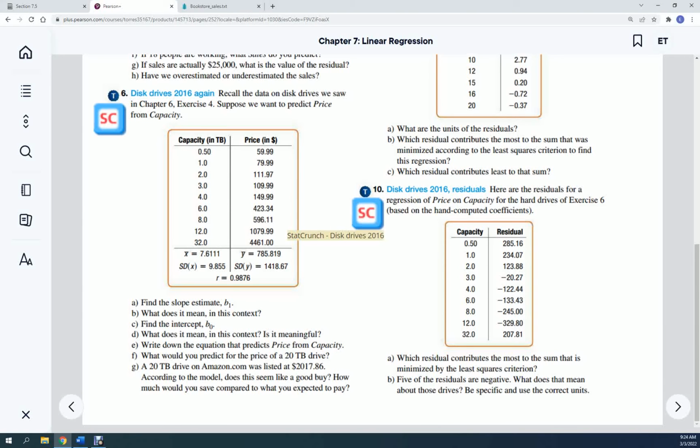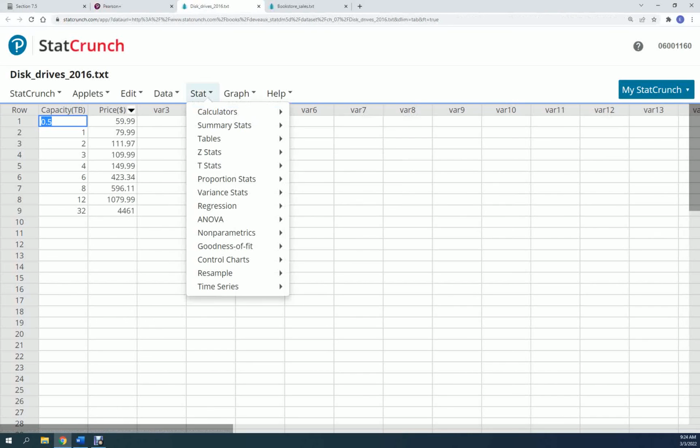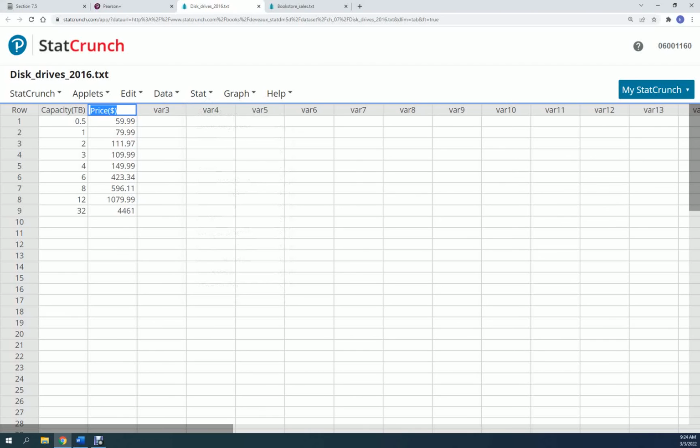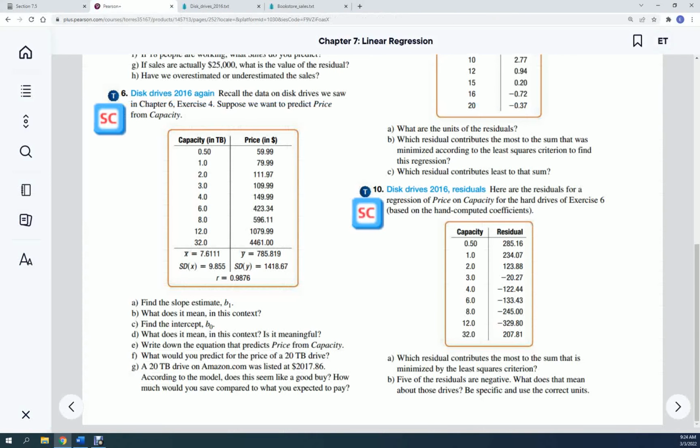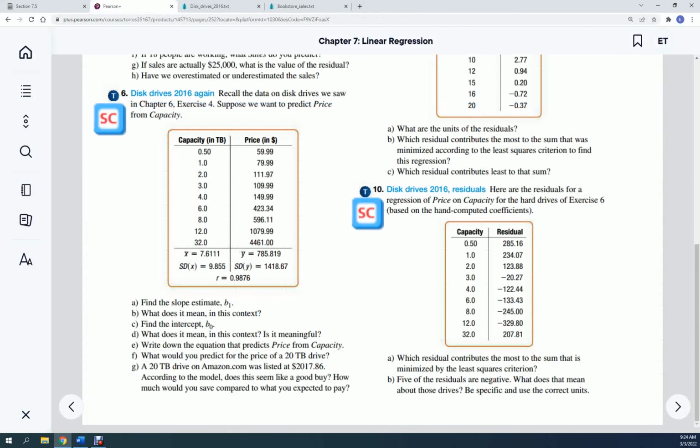I'm going to go ahead and look at the data so I can see what my units are, just so I understand. Okay, so it's the price of a computer's memory storage in terabytes. So my residuals are going to be in dollars. Yes, just in dollars. So the residual that contributes the most is my negative 329.8.